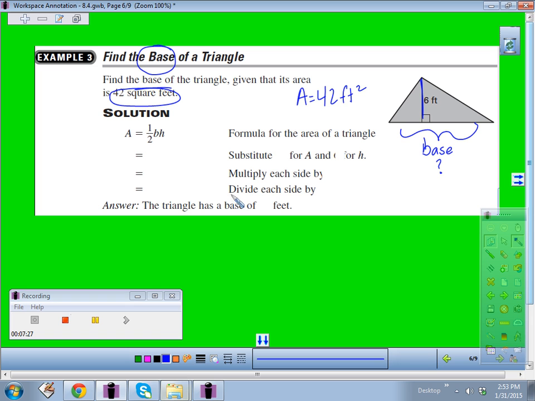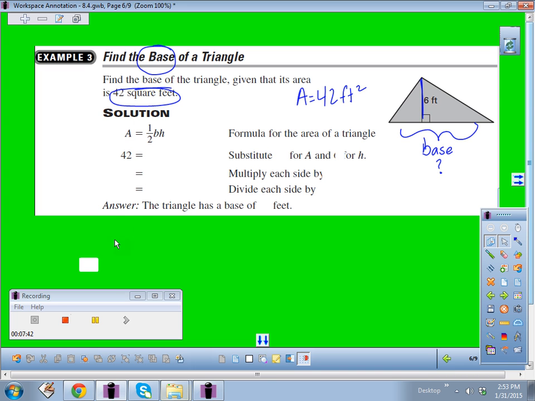Anytime we're missing the base or the height, we're going to have to work backwards and solve for that missing value. So we're going to plug in everything we know. The area is 42. We know that the height is 6, so we're doing 1/2 the base times 6. And the next step we would want to do is to multiply both sides by 2 to get rid of this 1/2.